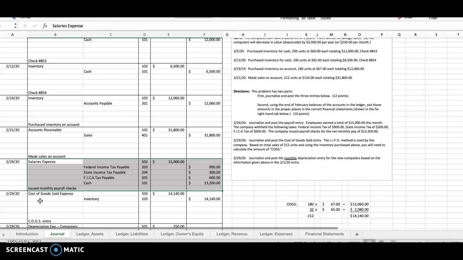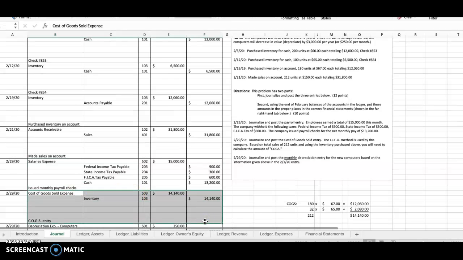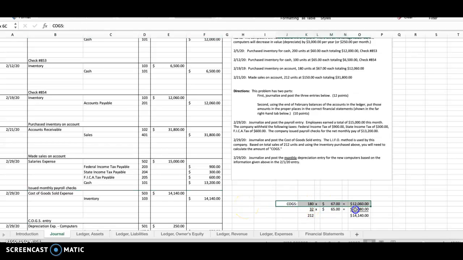Then you had to do another entry, in this case, the cost of goods sold expense entry. You had to figure out what that cost of goods sold would be, and I gave you some arithmetic to show you how that works using the LIFO, last in, first out method. So that was topic 7.